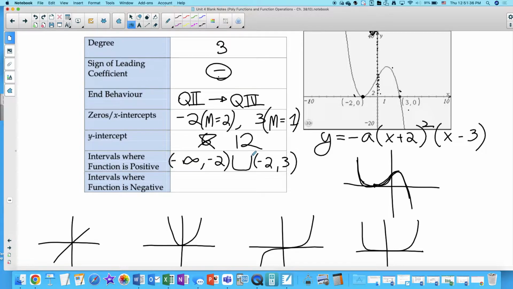Okay? What about the interval where this thing is negative? Yeah, positive, right? Or 3, or sorry, why did I do 3 to infinity?